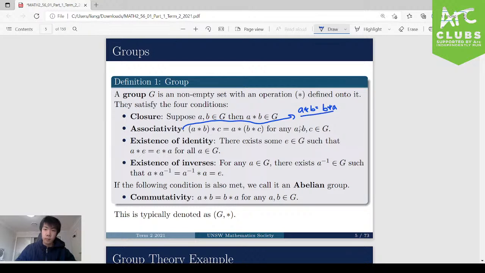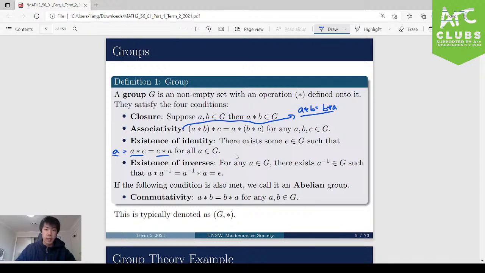Okay, and then the next condition is that you have existence of identity, which means that there exists some element, let's call E, within the set G, such that when you take A star E, it is equal to E star A, which is also both equal to just A. So basically some element in the group where if you take A and then operation and then that element, it returns you back to your initial element.